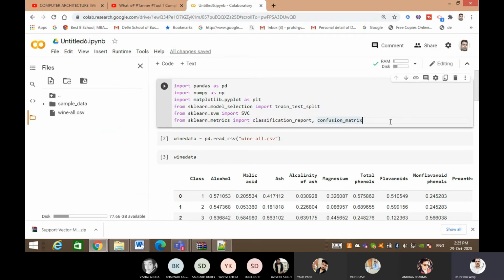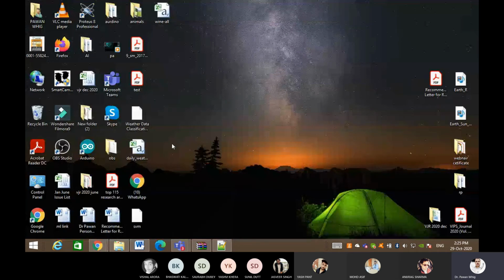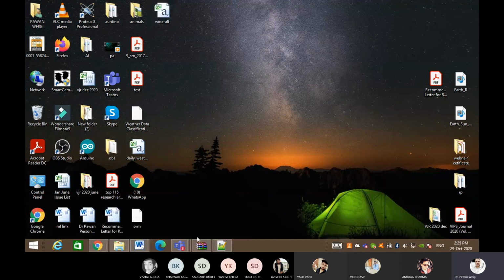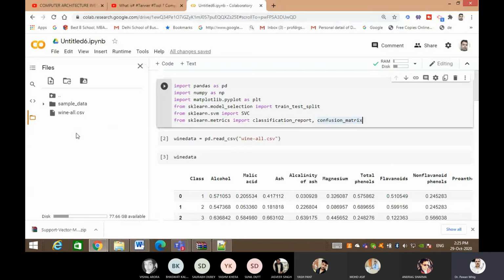Let us see how. For this, there is a dataset. After this class, I'll post these two files to you so that you can easily do this practical by yourself also. This is the wine dataset.